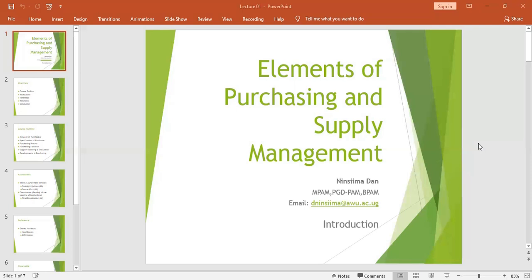Now, let us look at the importance of a clear specification. Why is a specification document that requests for the supply of goods and services so important? Number one, it helps you consult with the end users of the proposed goods and services to be purchased and ensure that their requirements are incorporated into the specification.